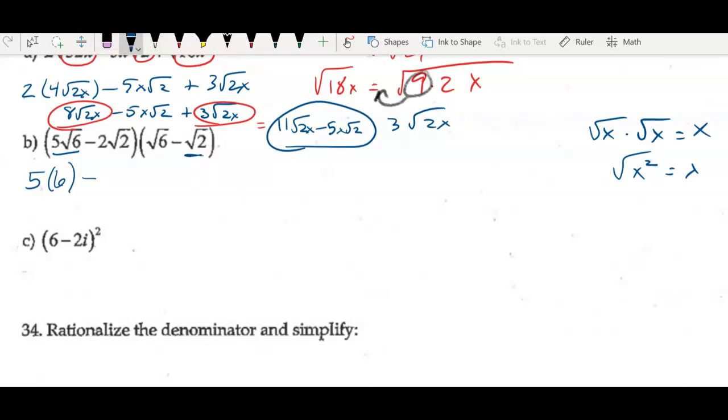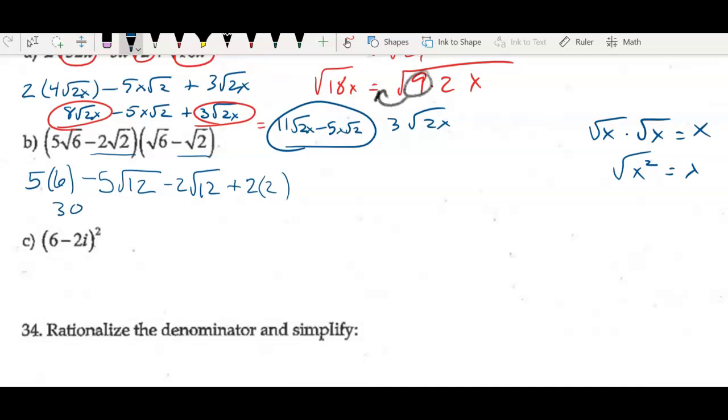Now I've got to do 5x, so that's minus 5 radical 2 radical 6, that becomes a 12. I did that one, so now let's do this one with this one. That's minus 2 radical 12. And then with this one, that's plus, again, 2 radical 4, which is another 2. 2 times 2. All right, clean it up.